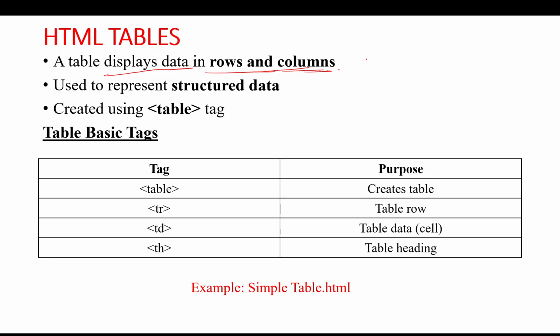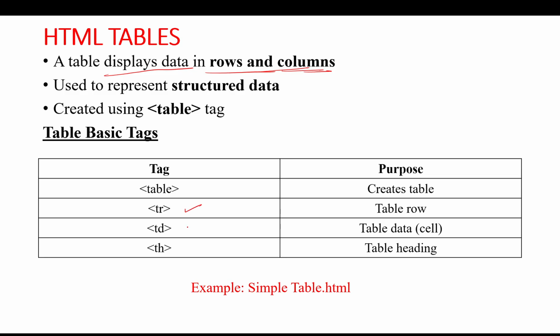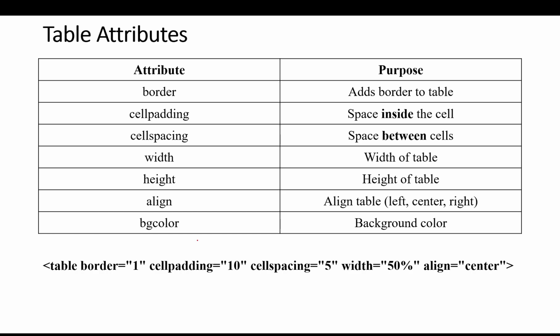The basic tags: the table tag to create the table, tr for table rows, td for table data which you want to enter in the cell, and th for the heading of a table. And we have table attributes which help organize or customize the appearance of tables.